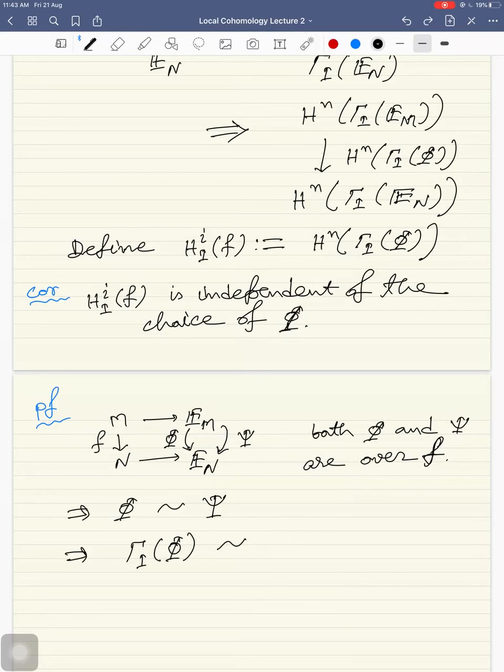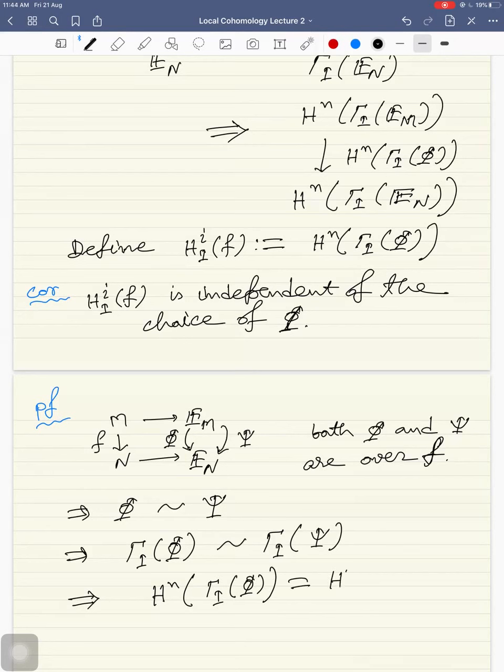So you should recall again and again these terminologies: what is a quotient map and what is the meaning of two quotient maps being homotopic. After applying any functor on these quotient maps, if two things are homotopic, then again you will get two quotient maps that are homotopic, and once they are homotopic, they induce the same morphisms on the cohomology level.